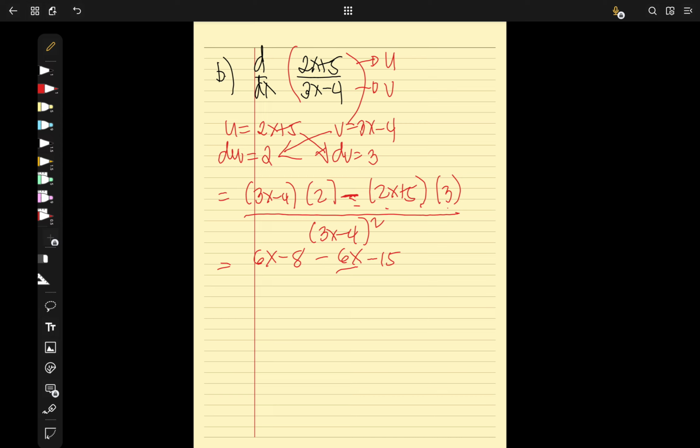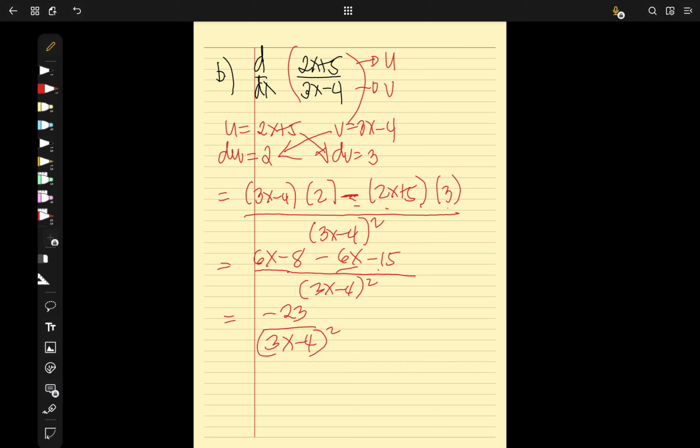So, combine yung mga pwedeng combine, all over this one. So, huwag na natin expand dyan. Okay, then, hayaan muna natin siyang ganyan. So, 6x minus 6x, 0. Negative 8 minus 15 is negative 23 all over 3x minus 4 squared.